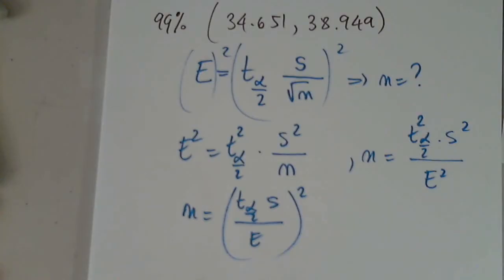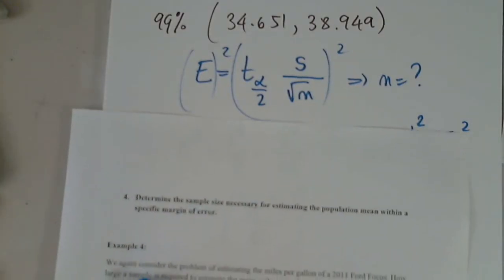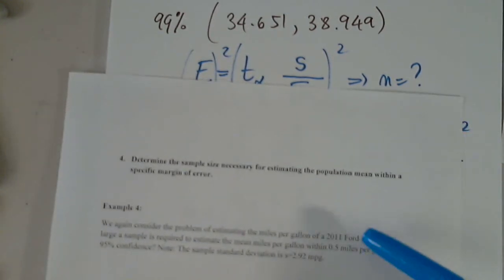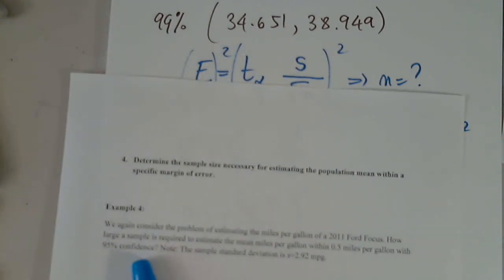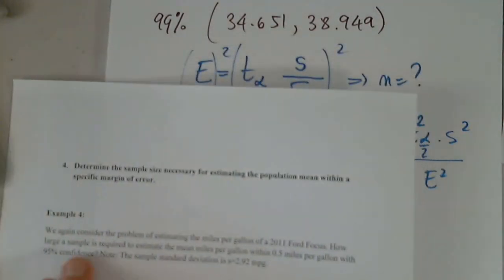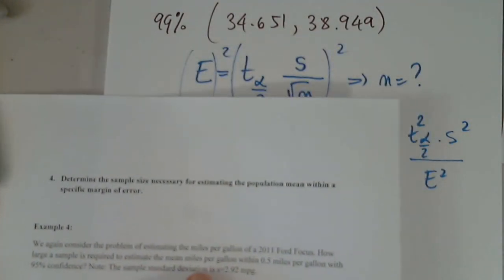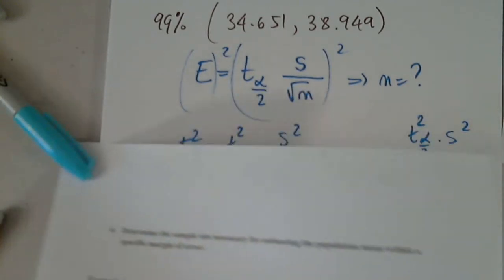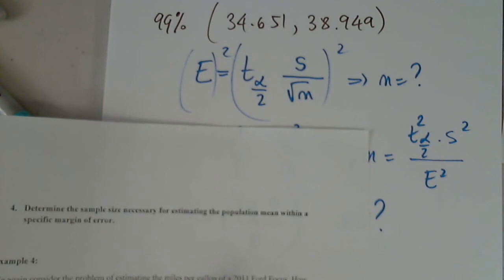Okay, so let's solve this problem. We again consider the problem of estimating the miles per gallon of a 2011 Ford Focus. How large a sample, so that's my question, n equals how much, is required to estimate the mean miles per gallon within 0.5 miles per gallon?